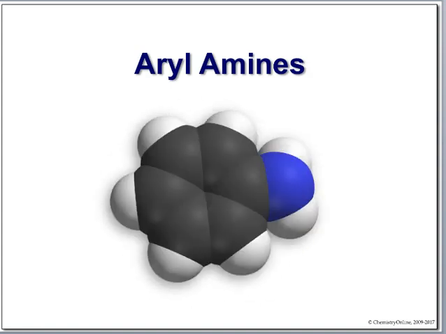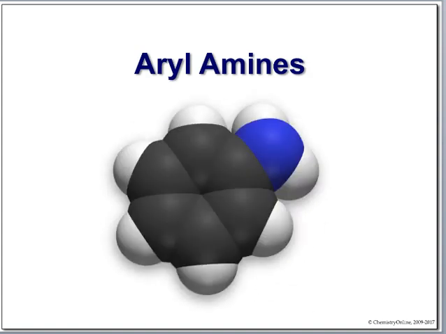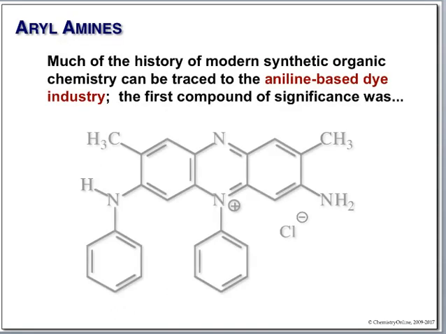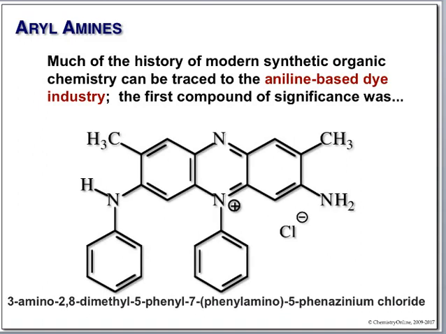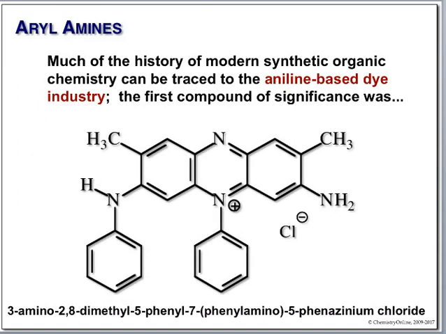Well, let's move on to aryl amines. Now, when we talked about aromatic compounds in general, we addressed aryl amines. This is aniline, benzene ring with an NH2, beautiful compound. Aryl amines really were the start of organic chemistry.